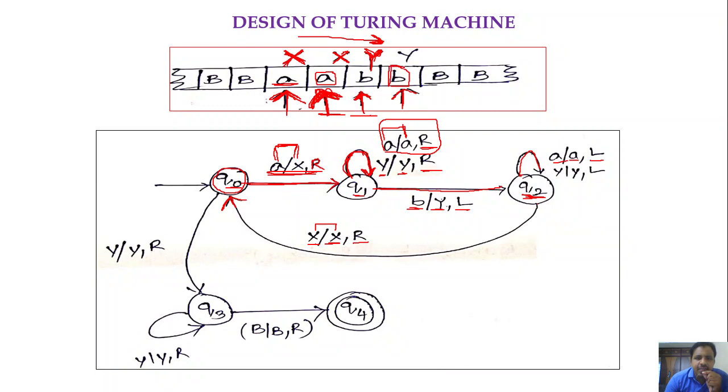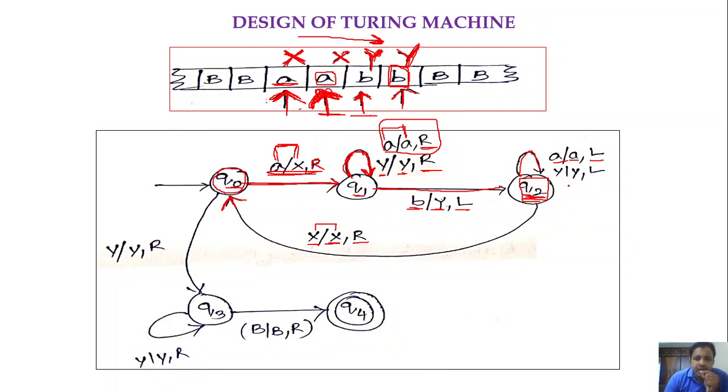Okay, second b, and we are in the state q1. In q1, if we get b, we will replace that b with y and move the head towards the left. So here that b will be replaced with y, second b will be replaced with y, and we move the head towards the left, and we go from state q1 to q2.